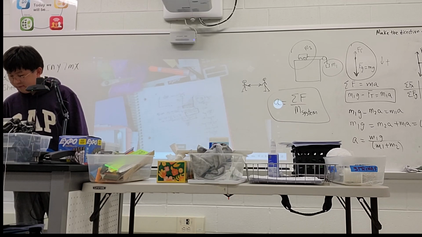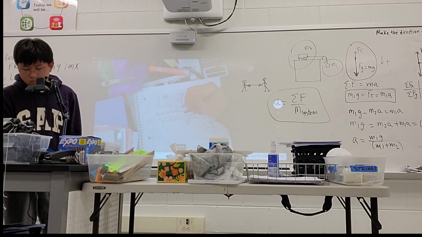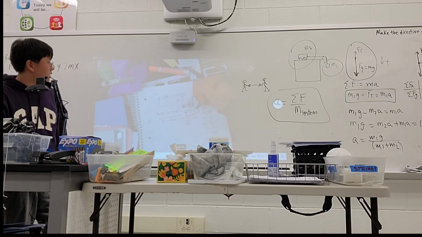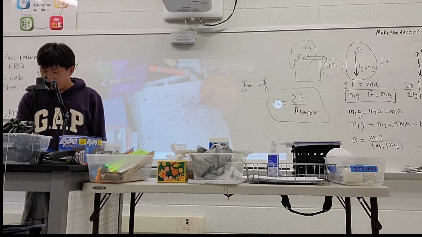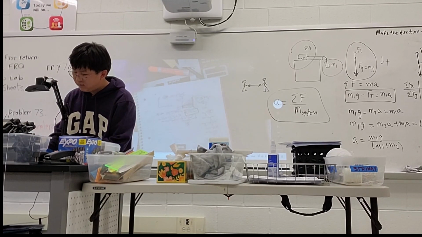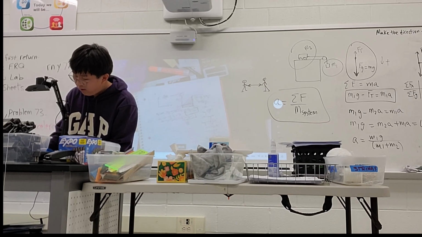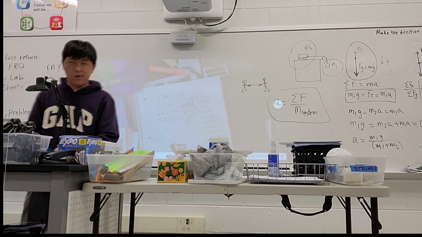We know velocity final equals velocity initial plus a t, right? So this becomes velocity initial plus velocity final over 2.